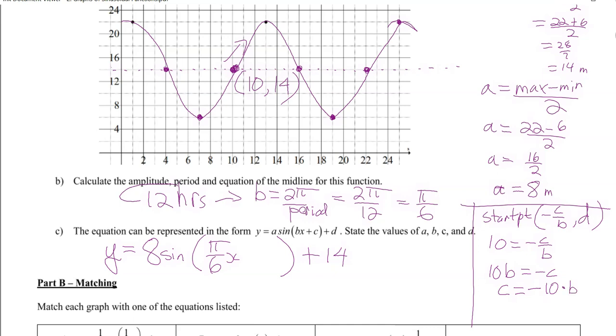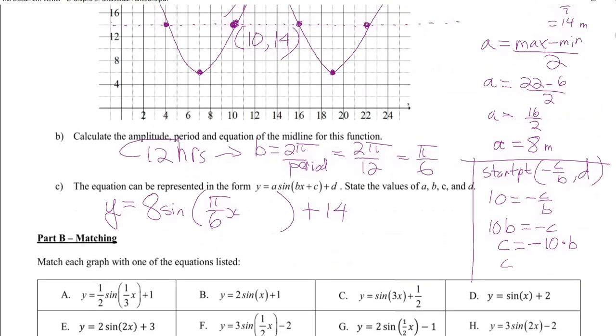All right, now all we've done is stick in one number, the 10, that we got off the graph. And otherwise we've left it as B and C. And then we say, here's B. So C is equal to negative 10 times pi over 6. Negative 10 times B, pi over 6. So you have 10 divided by 6, that's going to reduce.